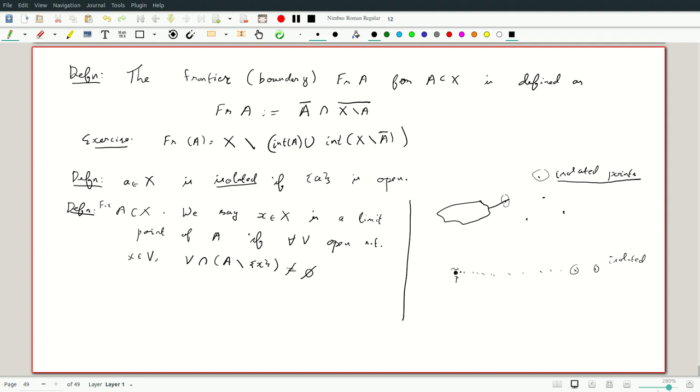So we say something is a limit point of a set if, given any neighborhood around that point, that intersection is non-empty.